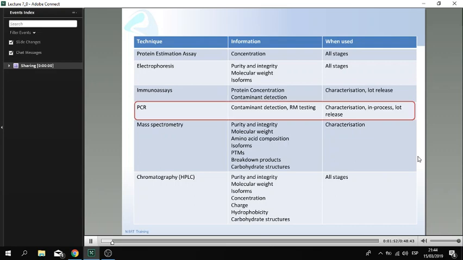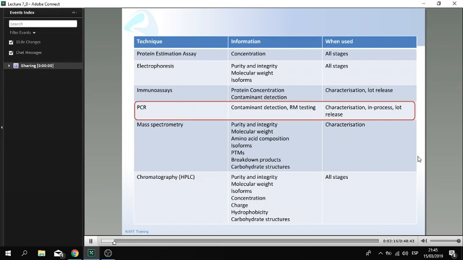So we moved on our table, so we are now here, and as you can see, PCR can be used again in most of the stages of your biopharmaceutical life, but it's mostly used in characterization for in-process samples and also for lot release.